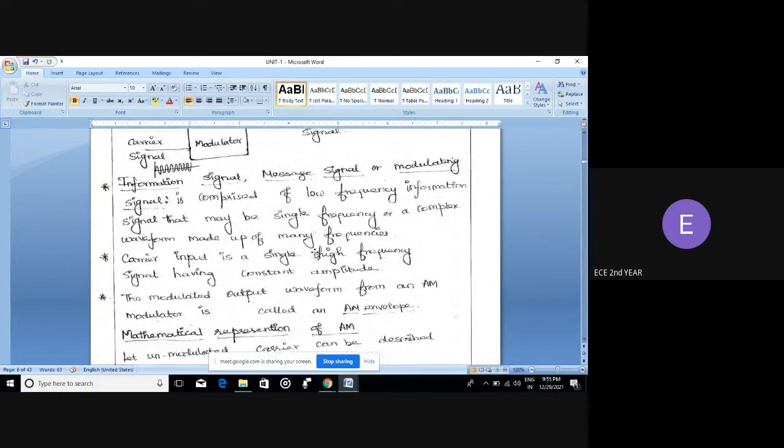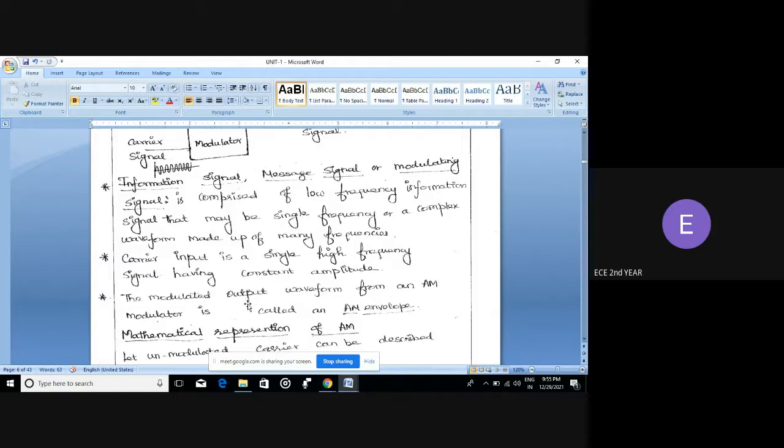Okay, fine. Now let us see what is information signal, message signal or modulating signal. Okay, first we will see what is signal. Signal, as we said, has the useful information that has to be transmitted, which has low frequency, right? Next is the carrier input. Carrier input is a high frequency signal, right? Which will have a constant amplitude.